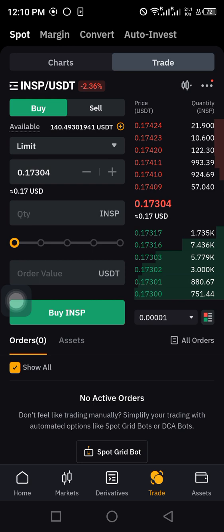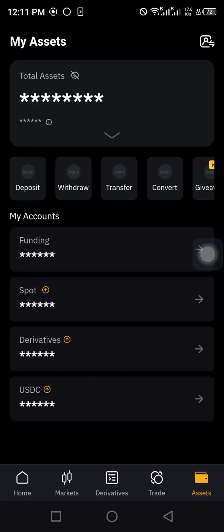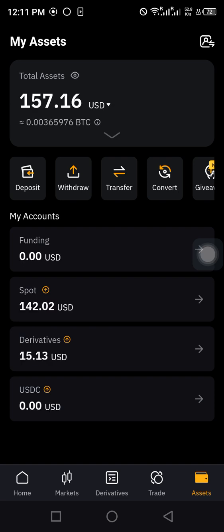For those who don't know how to move funds to make funds available for trade on your spot session, it's just for you to ensure that your funds are there. Here's the assets I'm clicking on. Here is our wallet session of our Bybit exchange.